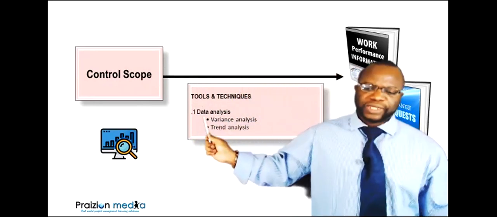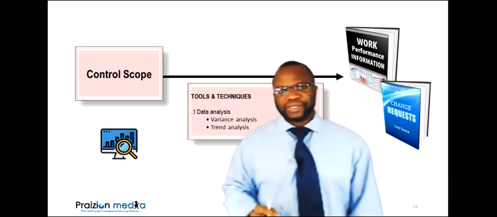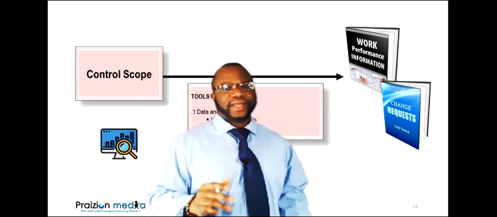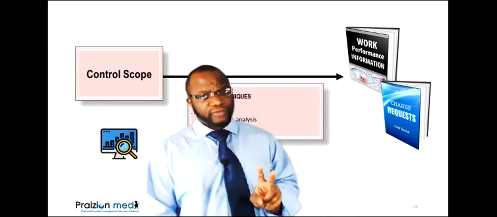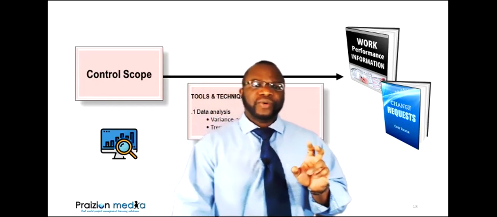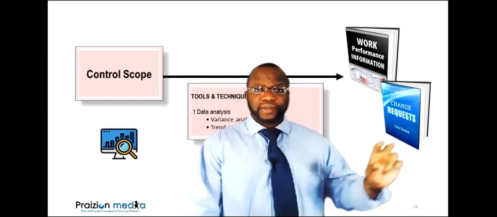We're using data analysis, we've got variance analysis, and we've got trend analysis. It is very important that you realize data analysis contains these two things of interest. And when you do a trend analysis, you're looking for trends across the baseline.